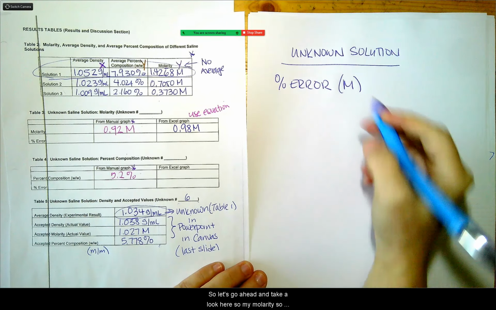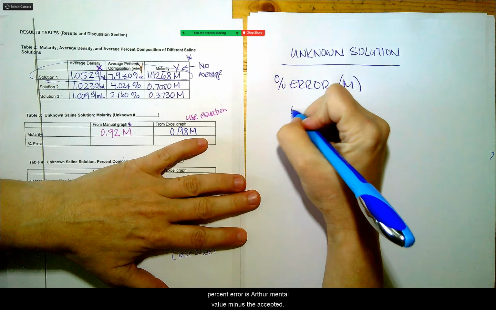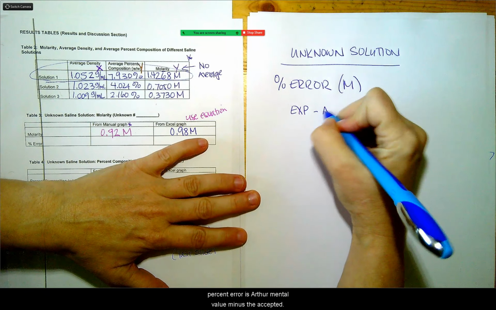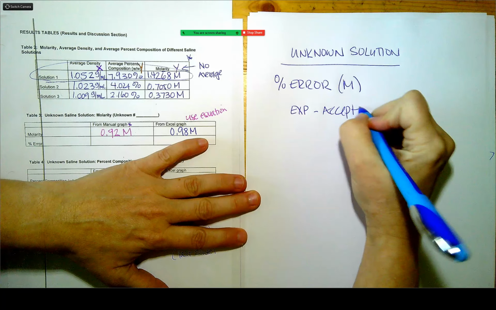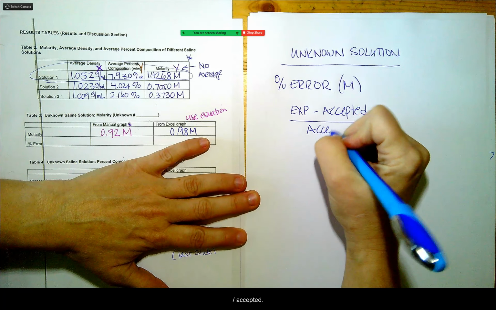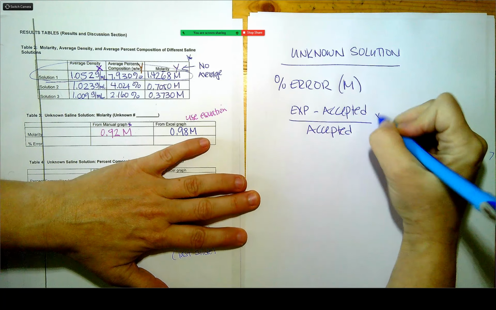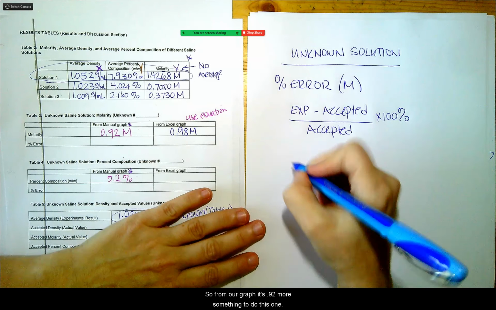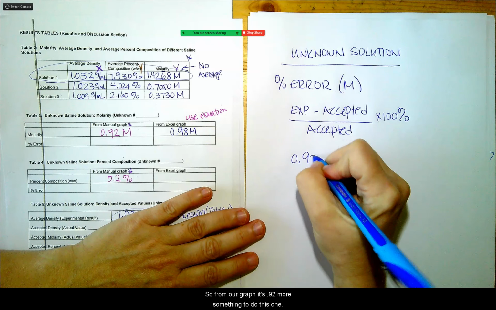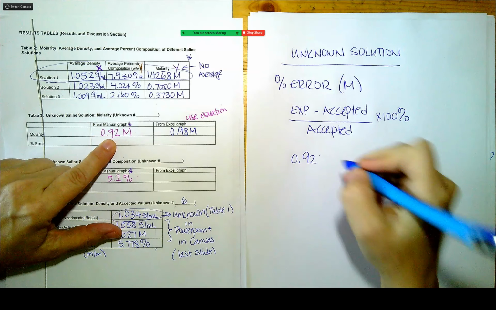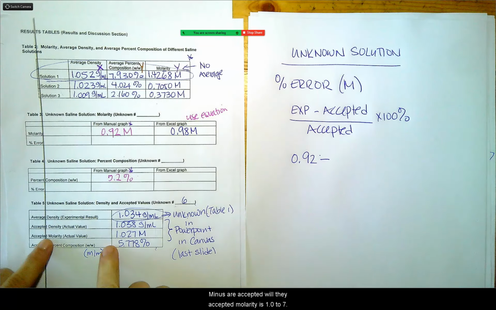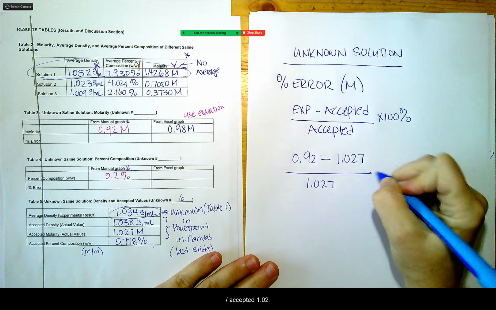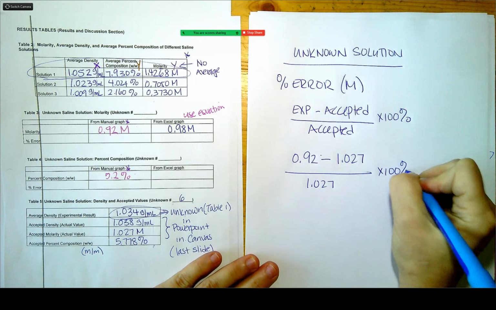So percent error is our experimental value minus the accepted, divided by accepted, times 100%. From our graph, it's 0.92 molar, so I'm going to do this one, minus our accepted. The accepted molarity is 1.027, divided by accepted 1.027 times 100%.